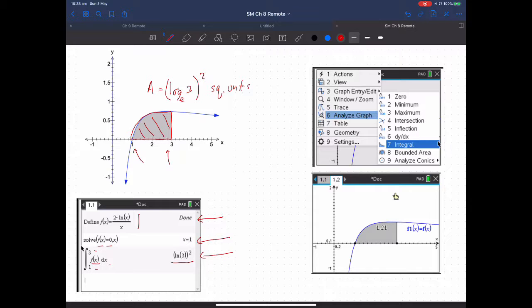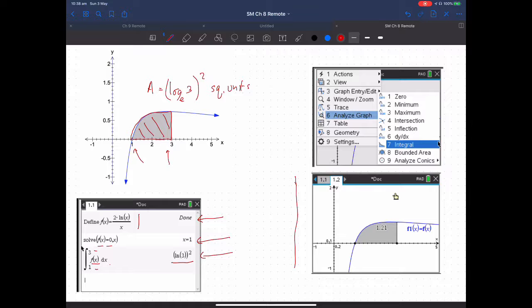Additionally, you could have done a decimal approximation of the answer. You can see that I have got the graph of the function. We had defined f(x) on a calculator page. I have inserted a graph page, and for f1(x) I just typed in f(x) because I had already defined it, and it has drawn the graph for me.